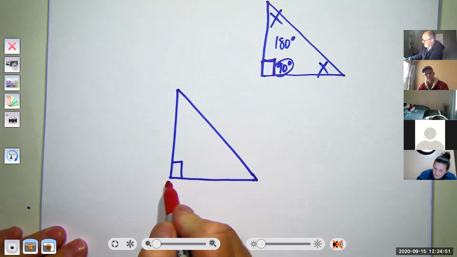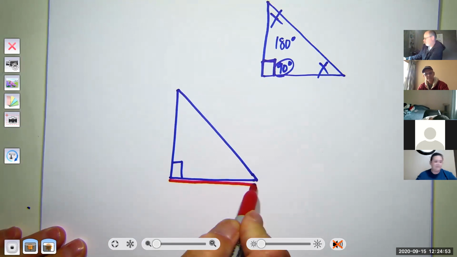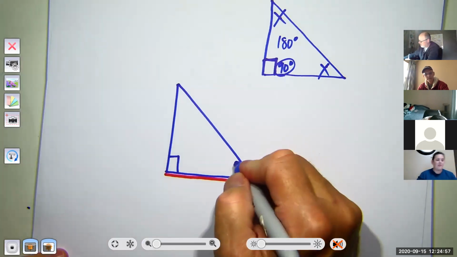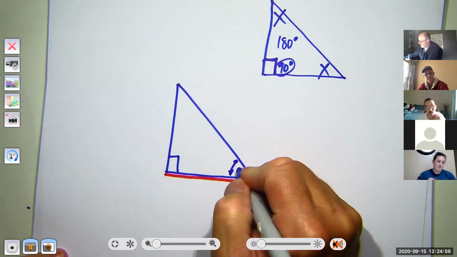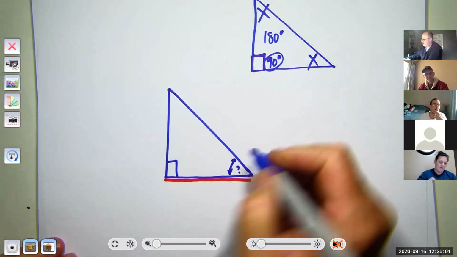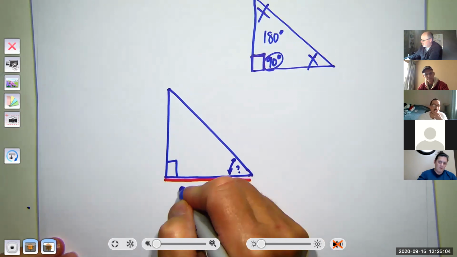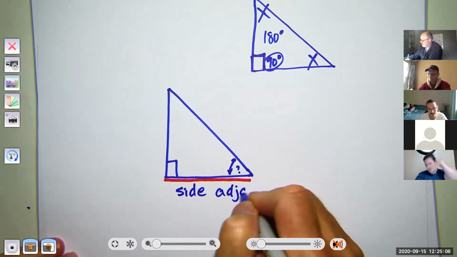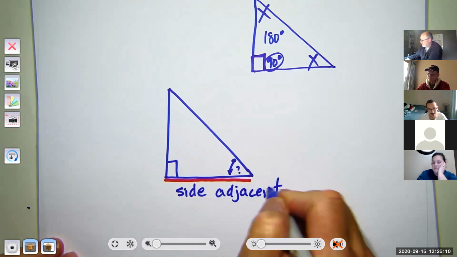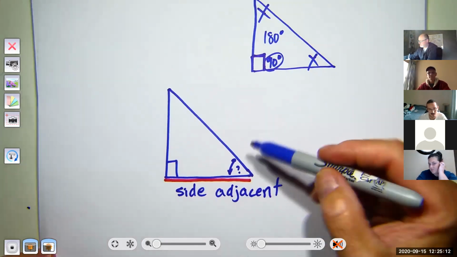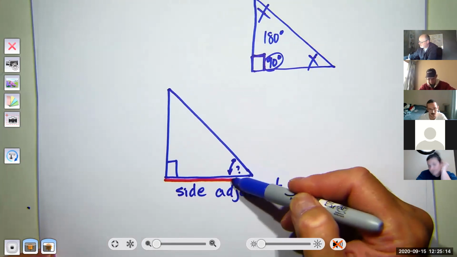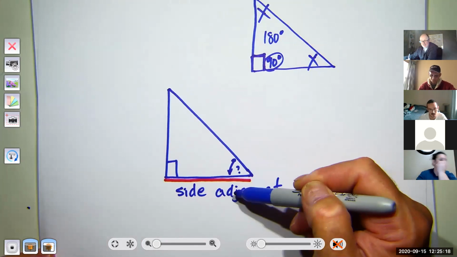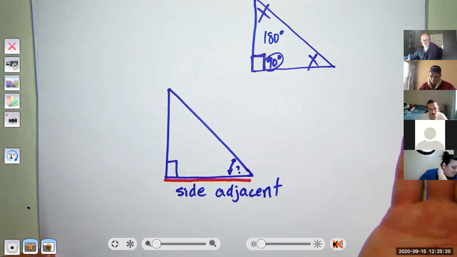So this line right here on the bottom, if I'm talking about this angle right here, this line would then be called the side adjacent. It is the side adjacent to this angle. Okay, it's beside the angle. Adjacent means beside.